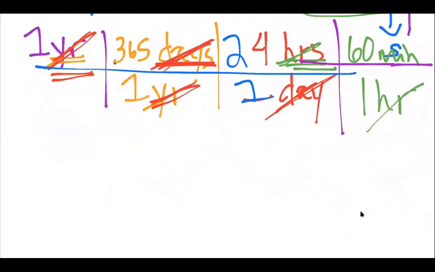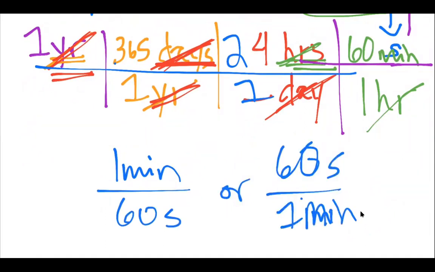So we know that we can do 1 minute over 60 seconds, or I can do 60 seconds over 1 minute. Okay. So looking at what's up here, we have minute on the last top box. So which version are we going to use of these two? The second one, because we want minute on the bottom so that it cancels.